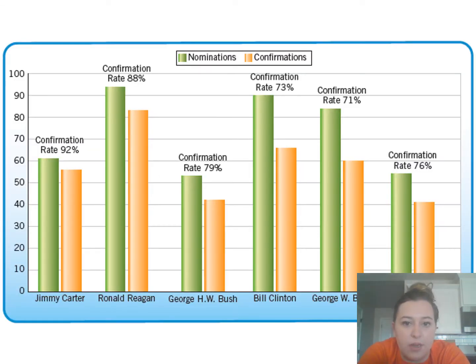All right, so here I have the confirmation rates. You can see the number of nominations in green, and then the number of people confirmed in orange or yellow there. So you can see, with the exception of W. Bush, we kind of have a downward trend when it comes to the number of people that are actually confirmed.